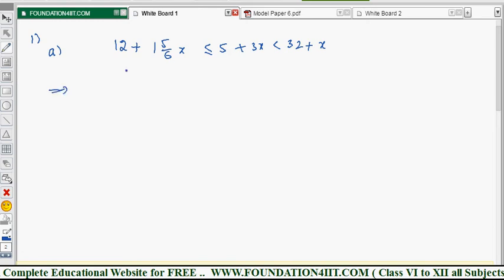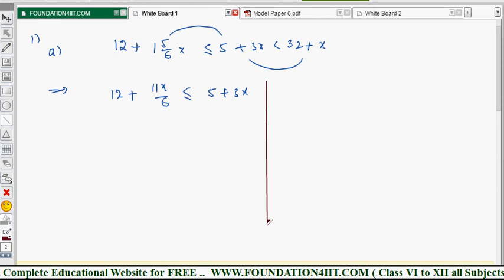So taking the first two, that is 12 plus 1 5 by 6, which is 6 plus 5, 11 by 6. So 11x by 6 is less than or equals to 5 plus 3x. Again we'll take the last two in another place and solve both separately. Then we'll combine the solution.